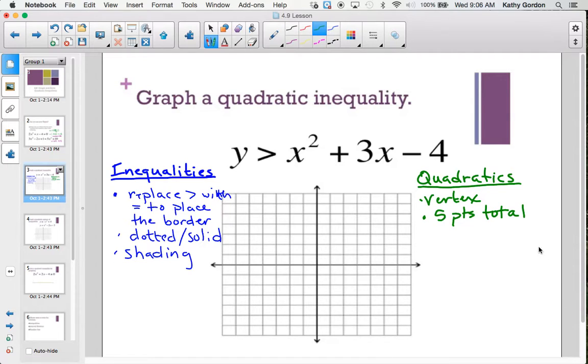So we actually have to start here by deciding where the parabola should go, and then kick it over here to actually graph it as an inequality. Make sense?